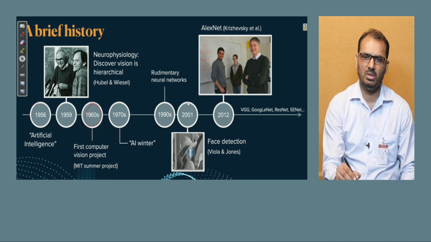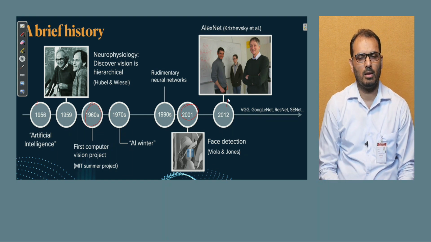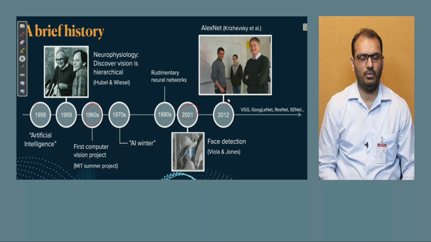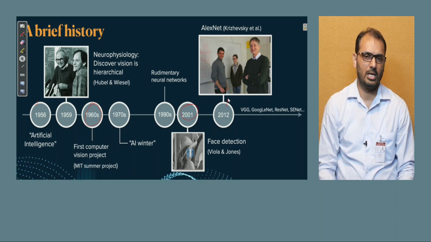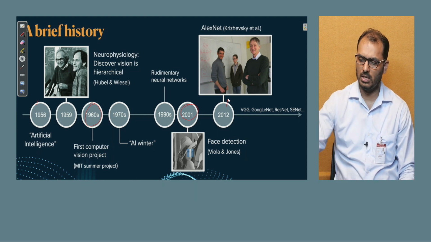And later on, 2001 first biometric and 2012 advanced architecture AlexNet. There were two great scientists who gave that concept with the variation of neurons and neural network combination. They gave that architecture, and later on we have a lot of architectures we are working on in this area.